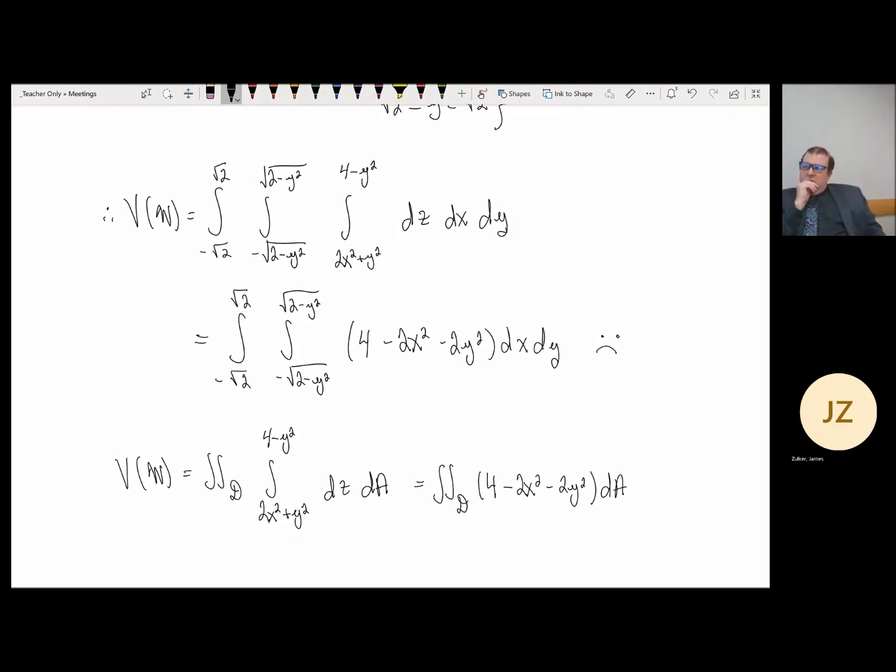So we set it up as that type of iterated integral: a double integral over some two-dimensional domain of 4 minus 2x squared minus 2y squared dA.